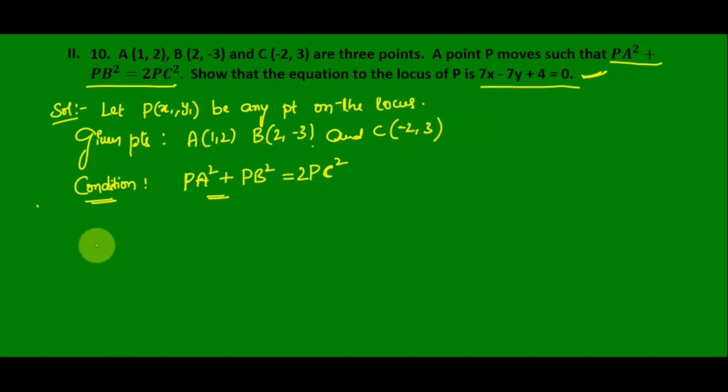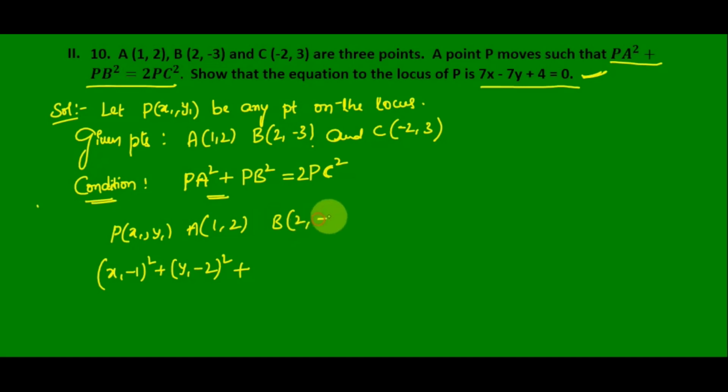First PA square. Here the points are P is (x1, y1) and A point is (1, 2). So the distance from P to A is (x1 minus 1) whole square plus (y1 minus 2) square. Plus PB square, where the B point is given as (2, minus 3).